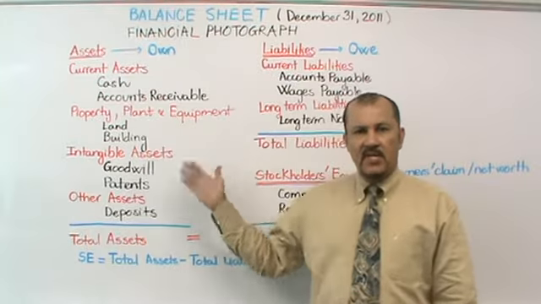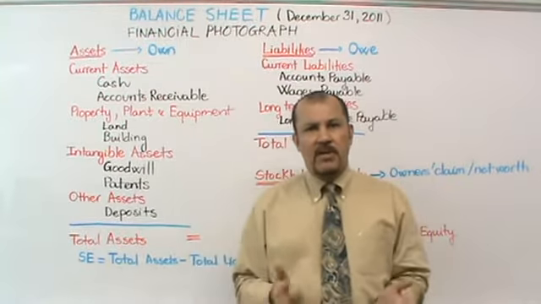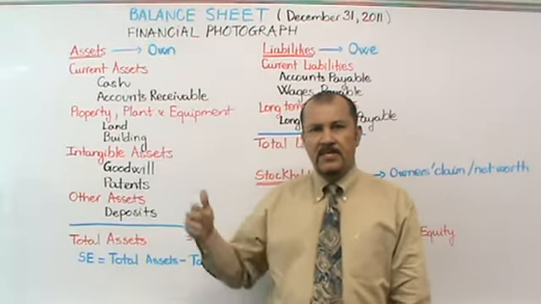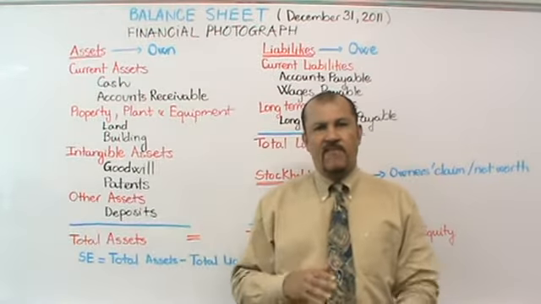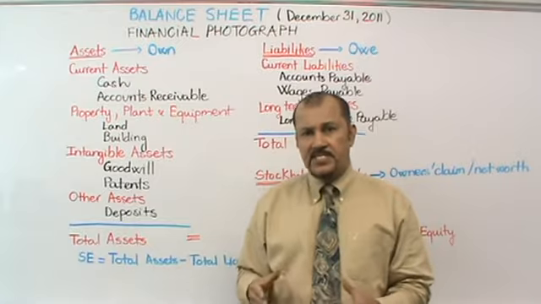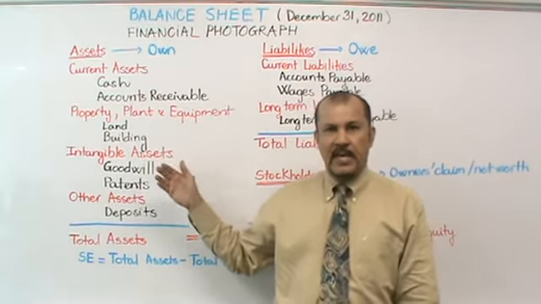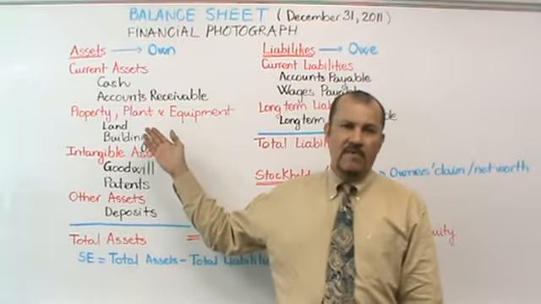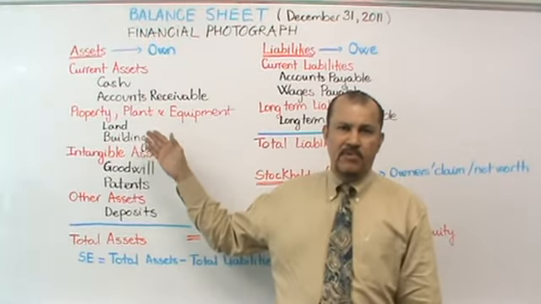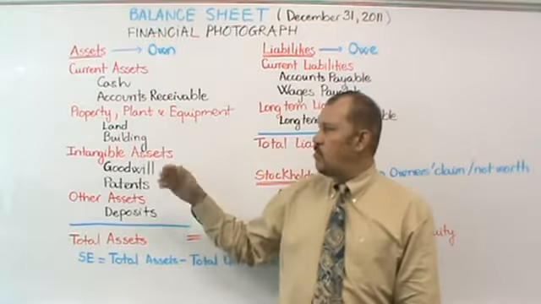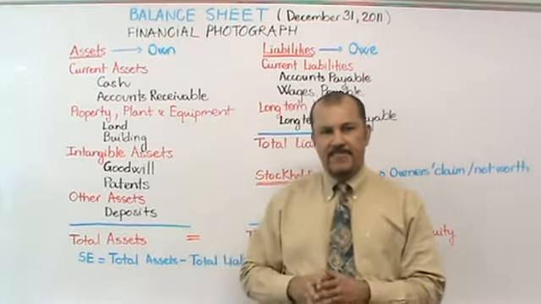Next, we have other sections that broadly fall into the umbrella of long-term assets. The first of these subsections would be property, plant, and equipment. Some examples of accounts that fall in the property, plant, and equipment subsection would be land and building.